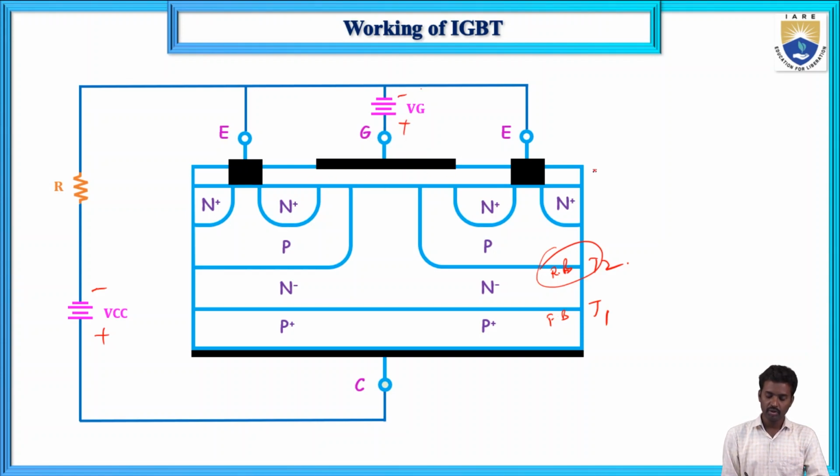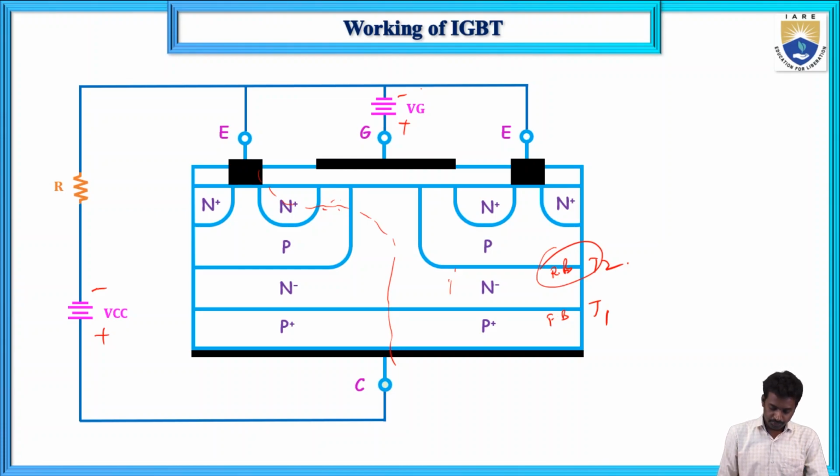The SiO2 layer acts as a capacitor, and a channel will be induced, so the junction will break down and current will flow. Here electrons flow in this direction, and the P layer injects holes in this direction. Collector current and emitter current are due to electrons and holes, so it is a minority carrier device.